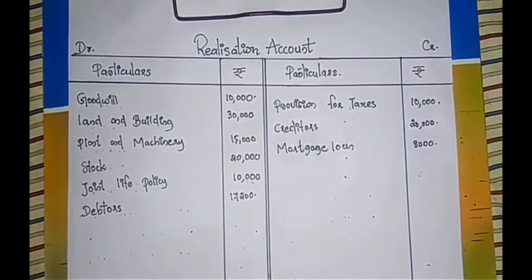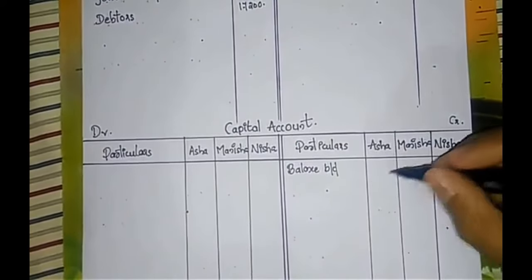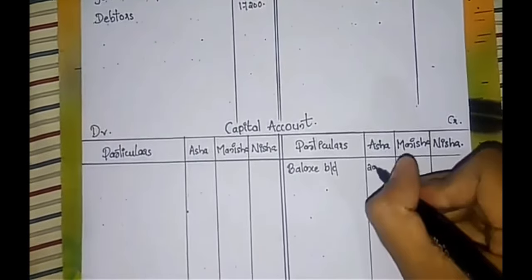So we have to write that in the credit side of the capital account as balance brought down. Balance brought down: Asha rupees 20,000, Manisha rupees 15,000 and Nisha rupees 20,000.